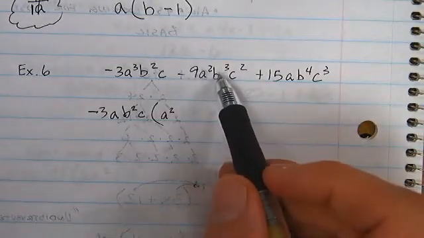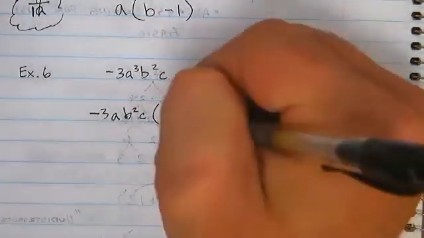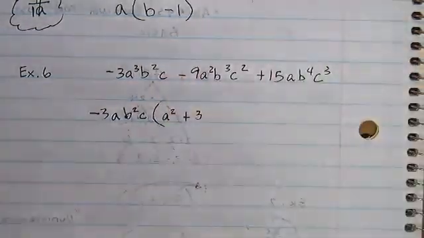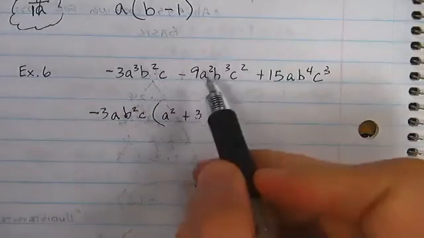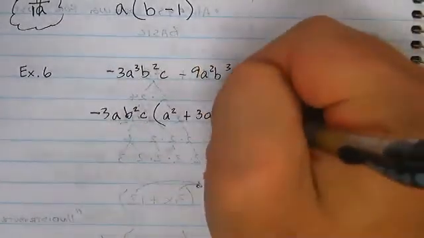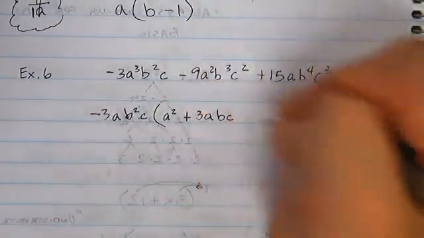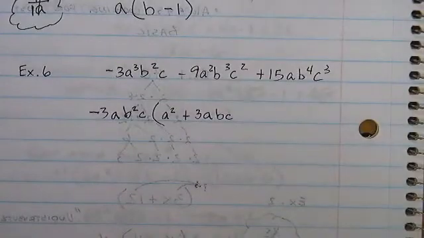Let's undistribute from that, right? So -9, taking out the -3, it's going to leave me with a +3. Okay, taking out 1A, taking out 2 B's leaves me with 1B left, and taking out 1C leaves me with, right, 1C. All right, so that's the second term.